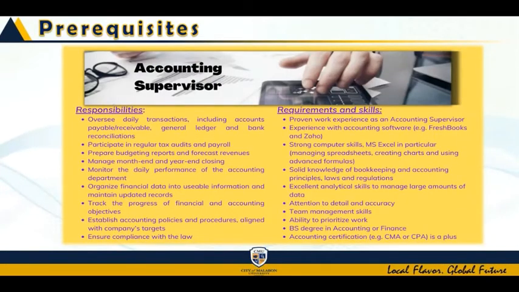And here are examples of the responsibilities, requirements, and skills for accounting supervisors. As you can see, these are the prerequisites of an accounting supervisor in terms of responsibilities, requirements, and skills to determine their job duties by having specific knowledge, skills, and abilities.